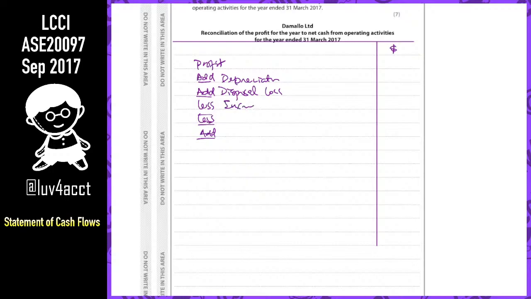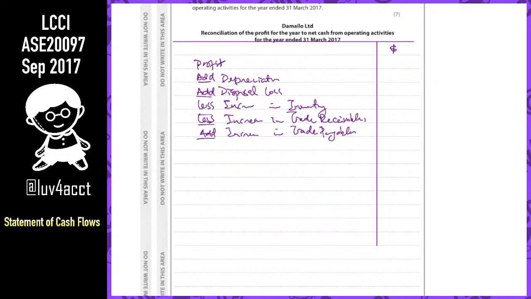Increase or decrease in inventory, in trade receivables, in trade payables.